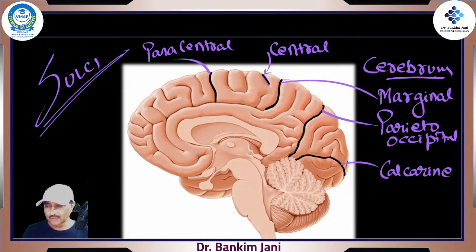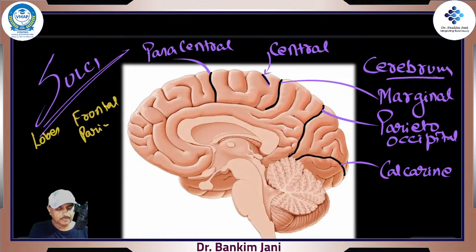cerebrum, right? Now the cerebrum, as we know, has multiple lobes. So the lobes of the cerebrum: one would be the frontal lobe, right? Then parietal, occipital, then temporal, then insular.